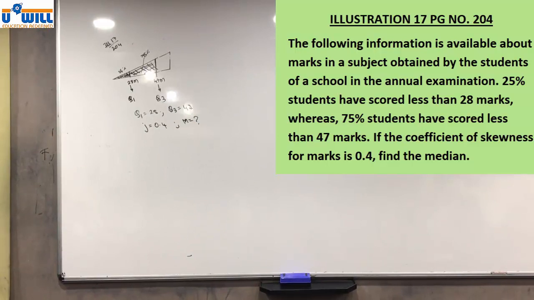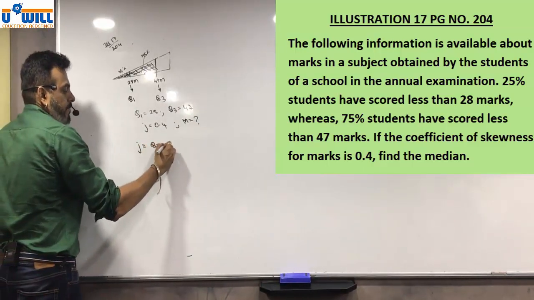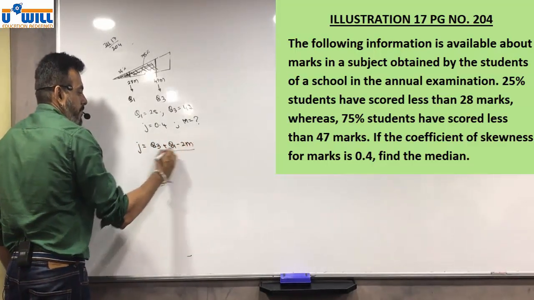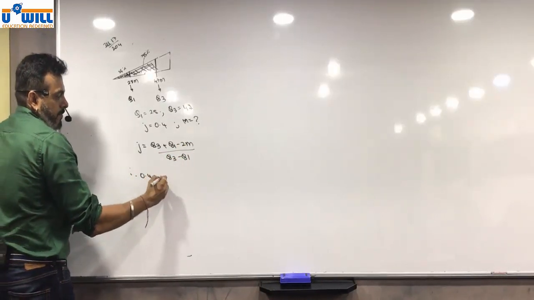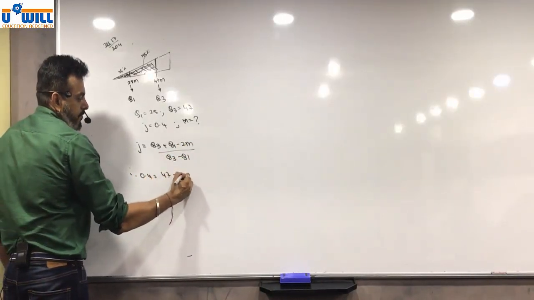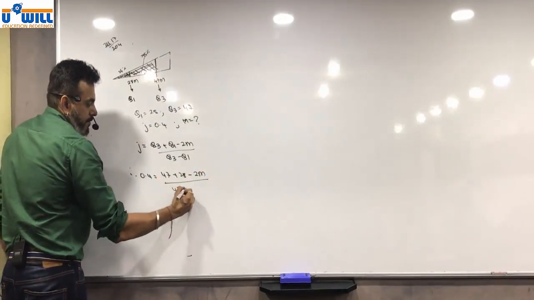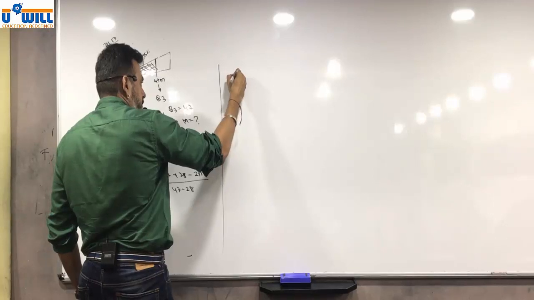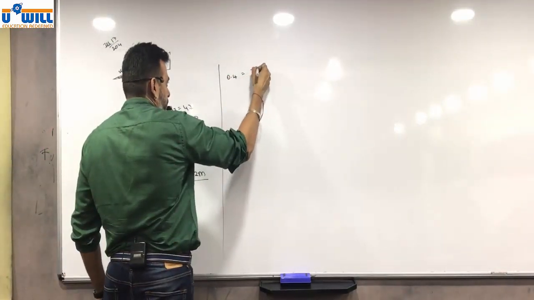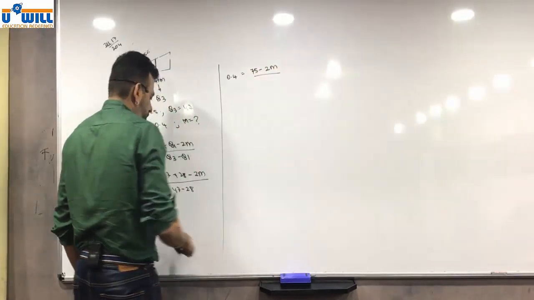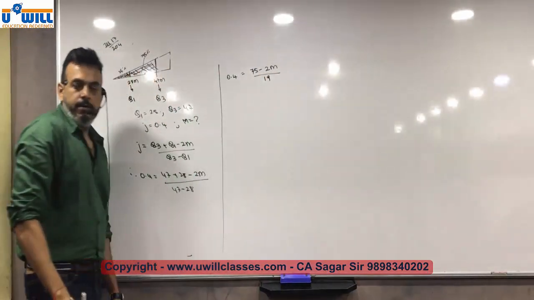Write the formula first. 0.4 is equal to Q3 plus Q1 minus 2m upon 47 minus 28, so 0.4 is equal to 75 minus 2m upon 47 minus 28, 19.